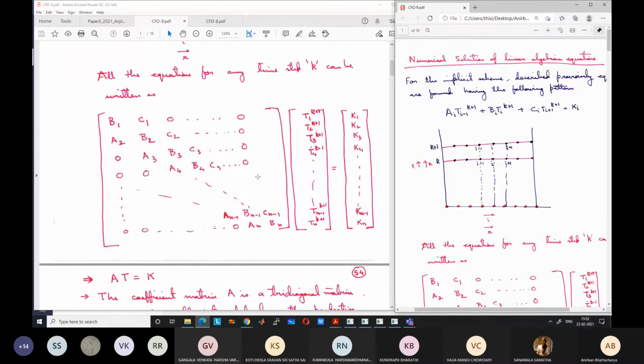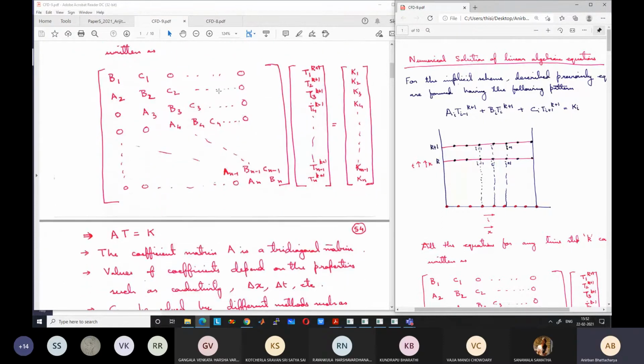Okay. So now this equation can be written in this form. All the coefficients together is the coefficient matrix A. It's an n by n matrix multiplied by this T vector, which is an n sized vector. Okay, A into T is equal to K. So I can solve this equation if I do a matrix inversion.